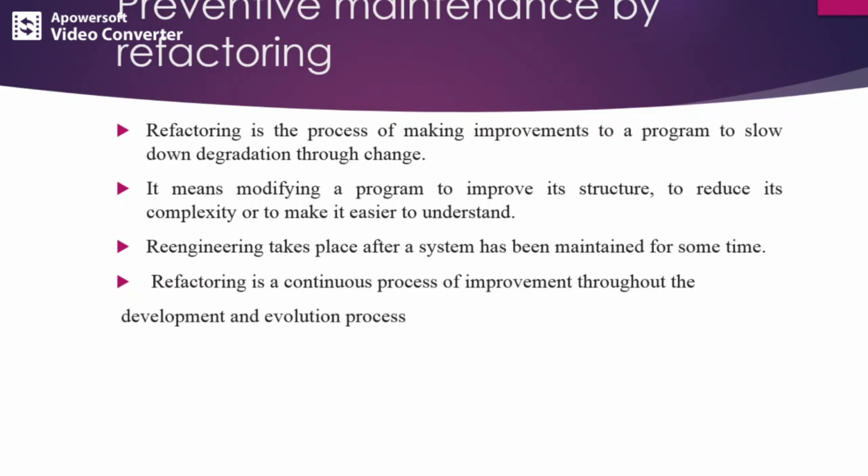It's the process where you try to improve your system. It means modifying a program to improve its structure. You can also reduce its complexity. If it looks like a very complex system, try to make it simpler and easier to understand.